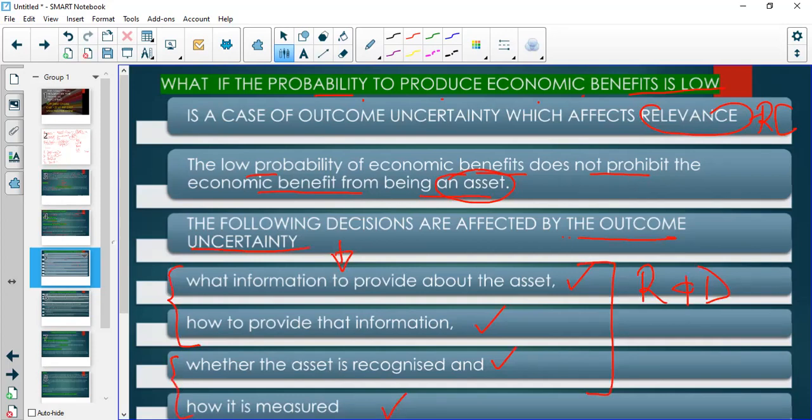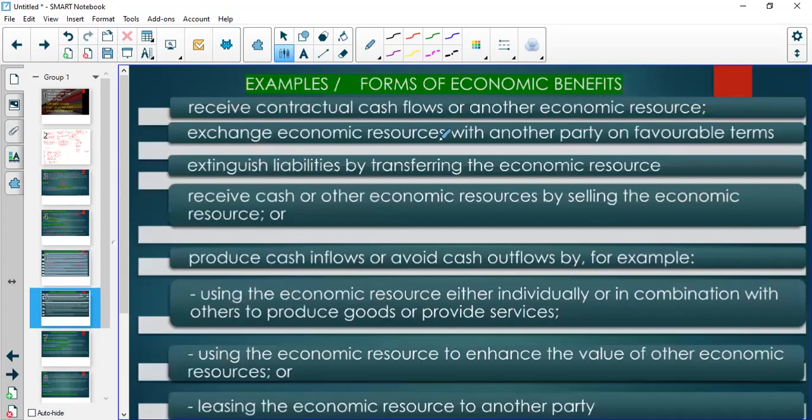Brilliant. So at this stage, even if the potential to produce economic benefits is low, that does not prohibit the economic benefit from being an asset. So examples of economic benefits, in this particular case, we identified two: reduced future cash outflows, or a potential for increased future cash inflows.